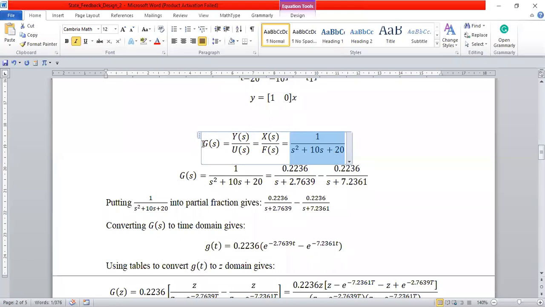So in the next class, we are going to be including a zero order hold into this transfer function. Then we are going to do the same thing we've done. So we convert from the continuous time domain into the discrete time domain.